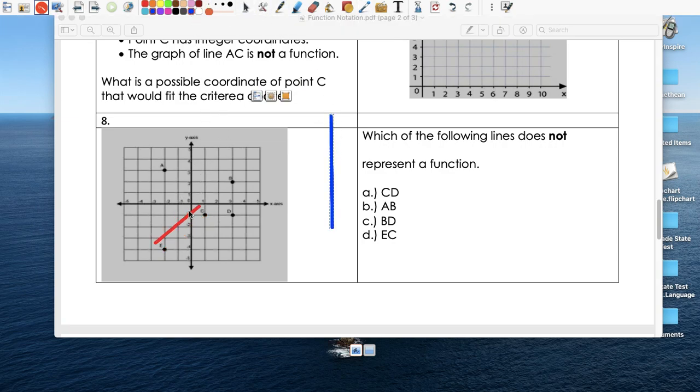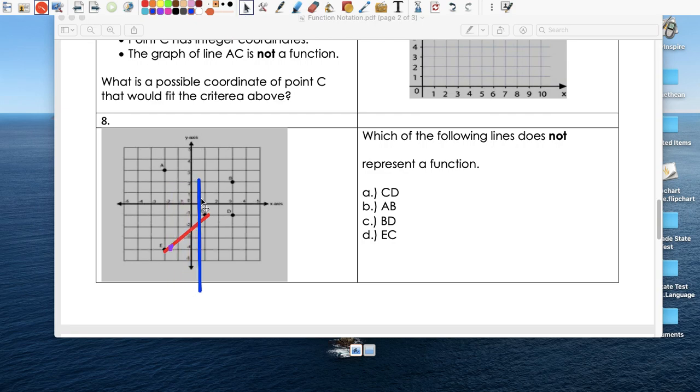I want you to imagine if you were to take this blue line over here and move it to the right, where is there more than one place where the red and blue line meet? If I stop the movement, they meet right here, at that intersection, 1 point only.